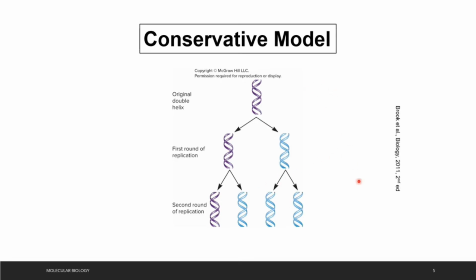After 2 rounds of replication, you have 3 DNA molecules which are completely newly synthesized, and you will have both the old parental strands in one of the 4 molecules.